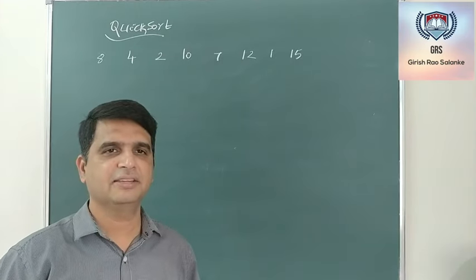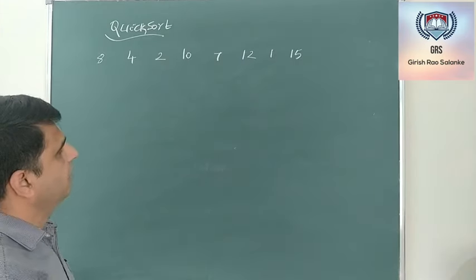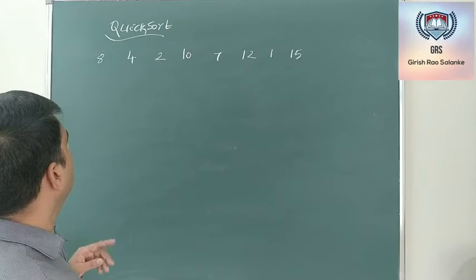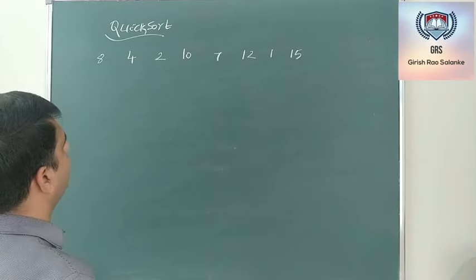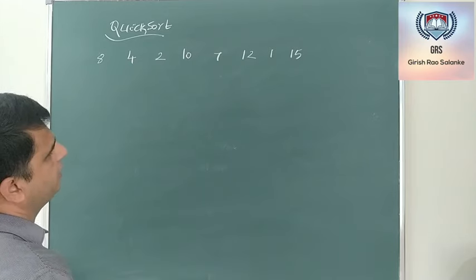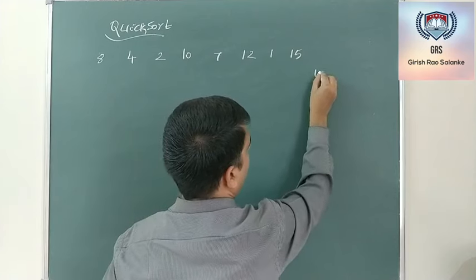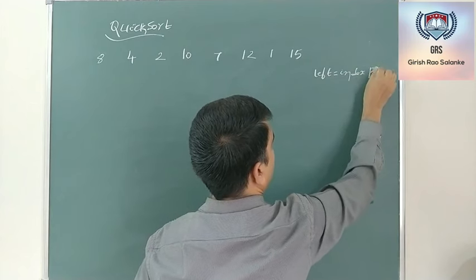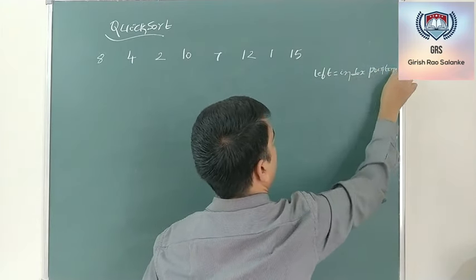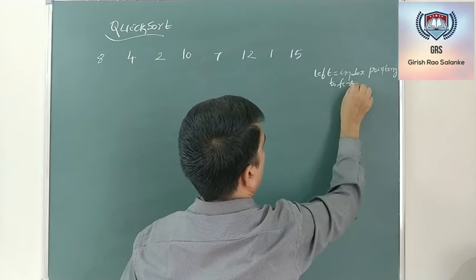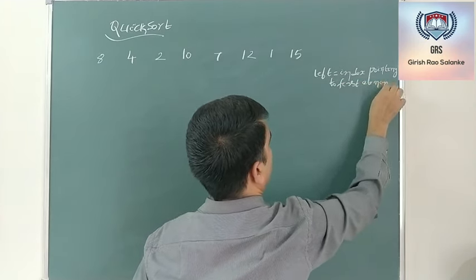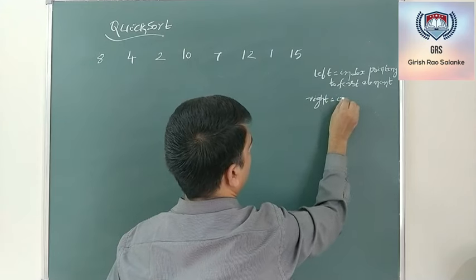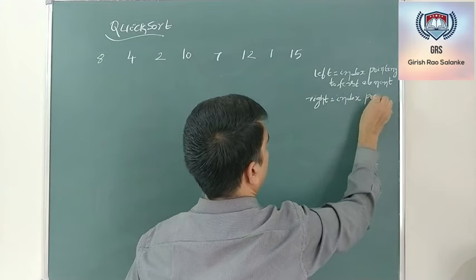Let us consider these elements, and our objective is to sort these elements using quicksort. Now, let us take two indexes, one index pointing to the first element and one more index pointing to the last element. So let me take left as an index pointing to the first element, and let's assume that right is the other index, pointing to the last element.